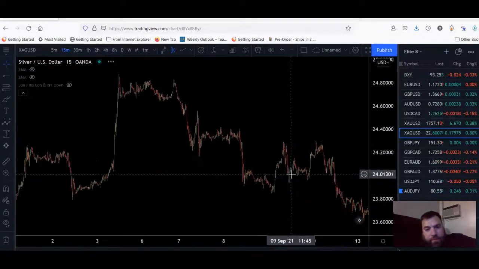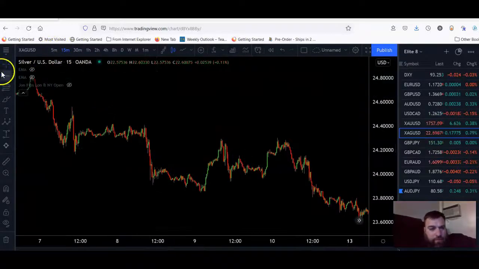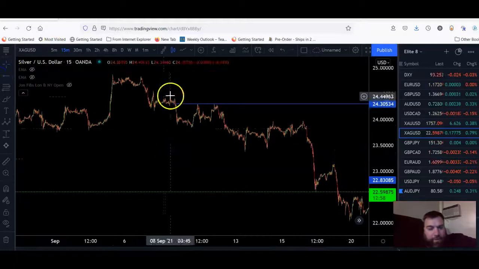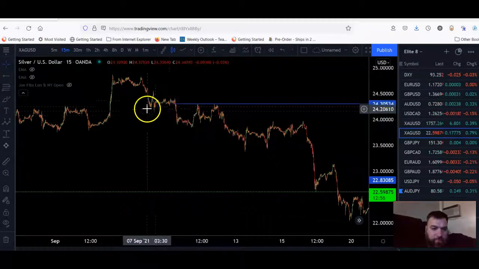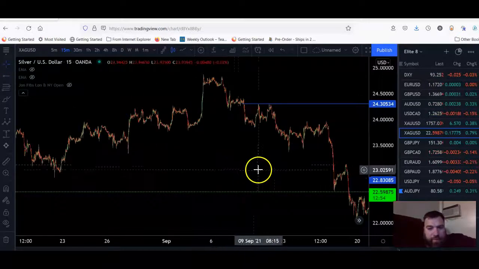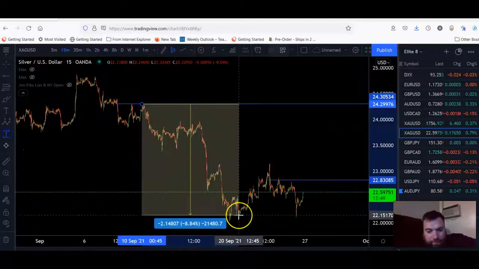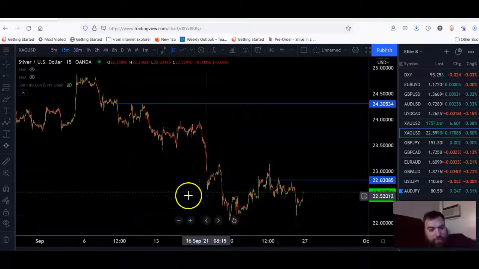Right here, this was the move right here. Breaks these lows, comes back from here to here. Over 1,000 pips right there.